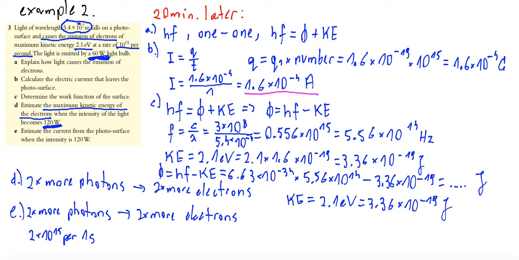Okay? So current I equals Q over t will be 2 times bigger, because now we have 2 times bigger charge.